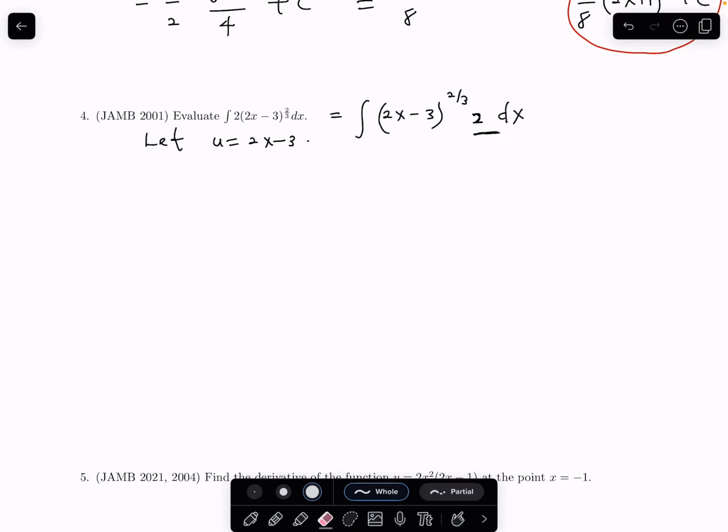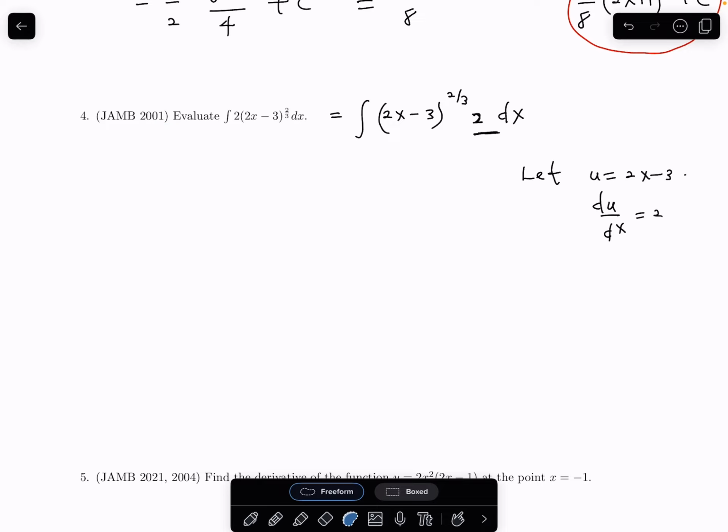So du dx in this case is just 2, right? So if you cross multiply, you have what? So let me bring this to the side. If you cross multiply, you have du is equal to 2 dx, right? So now, if you observe in my integral, I have a 2 dx there, right?